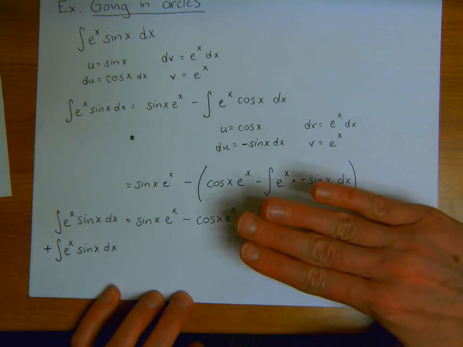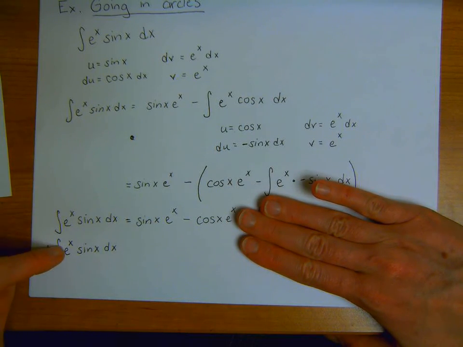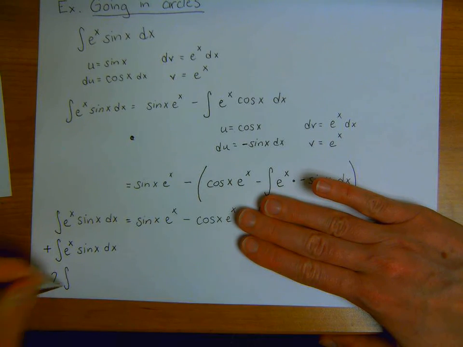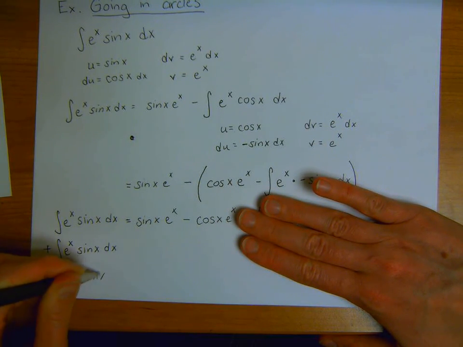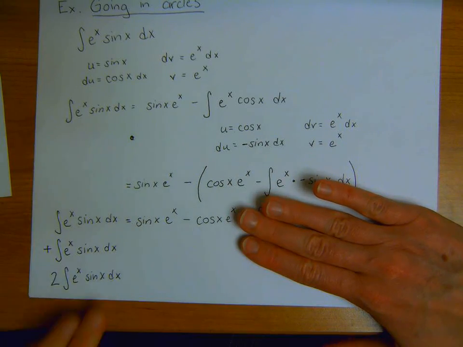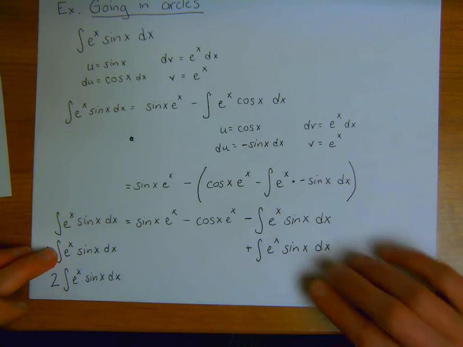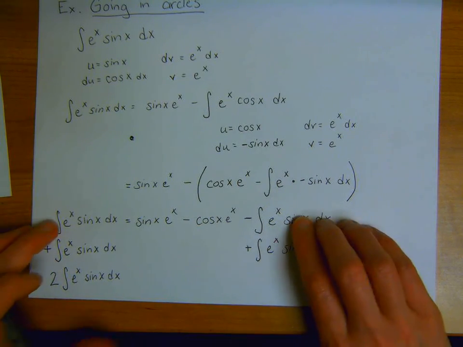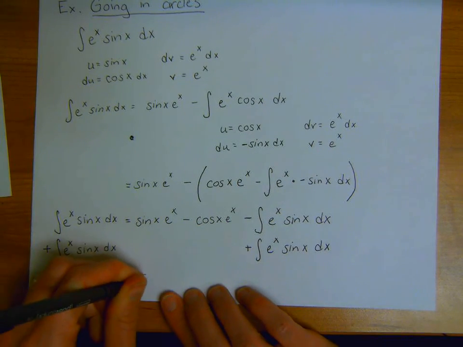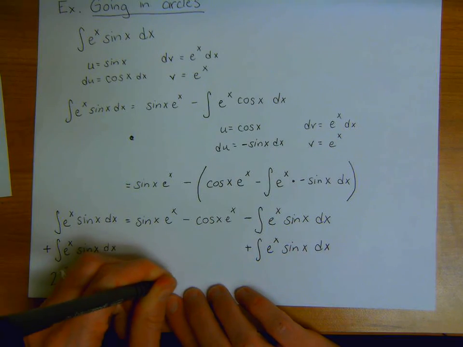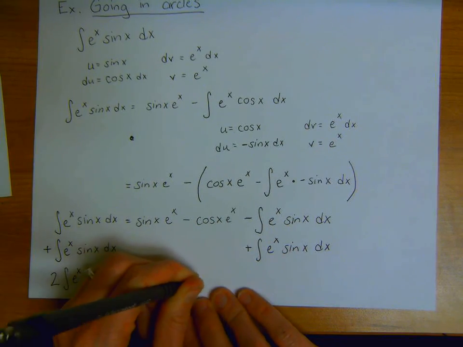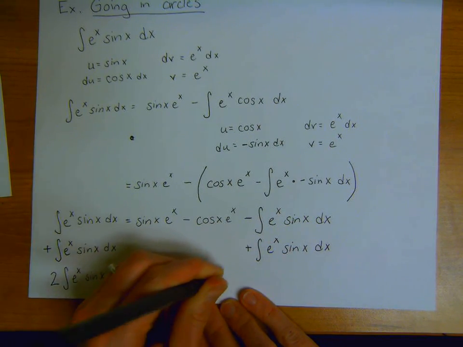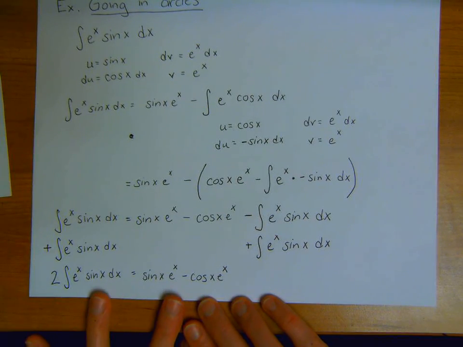These cancel and become 0, and this becomes 2 copies of the integral of e to the x sine x dx, right? Because I have not 1 but 2 when I added this integral of e to the x sine x to both sides. That's equal to sine of x e to the x minus the cosine of x e to the x. Does that algebra make sense?